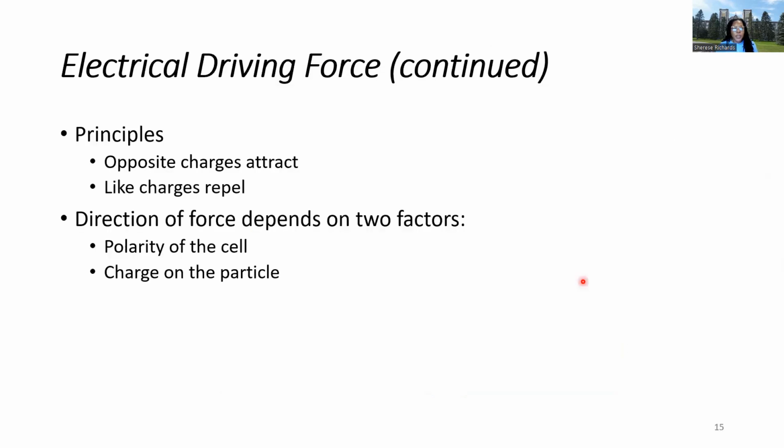Let's continue here describing the electrical driving force. The principles that govern the electrical driving force, again, are that opposites attract. So opposite charges want to attract to each other and like charges repel. I keep going back to that sodium example. Sodium is positively charged. It doesn't want to be in the extracellular fluid.